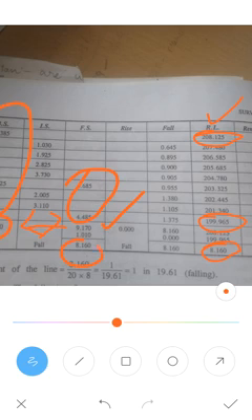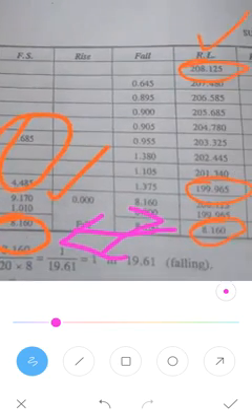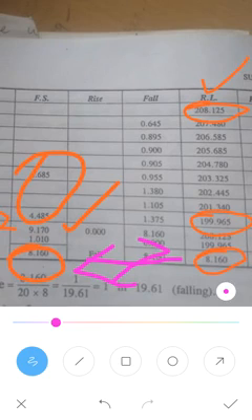Here also the difference, summation of BS minus summation of FS, both are equal. See here, this is 8.160, this is also 8.160. So both values are the same. So whatever you have done in the calculation for finding the RL of each station, that is correct. So this part is over.